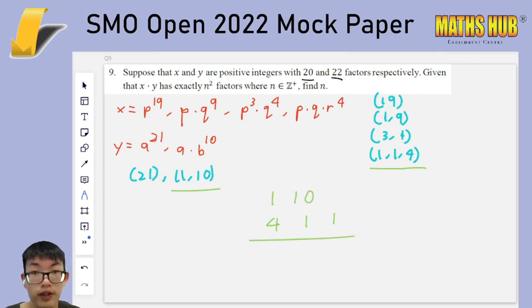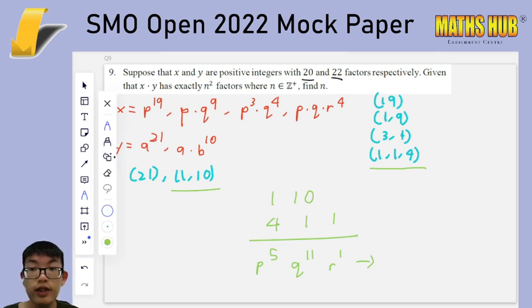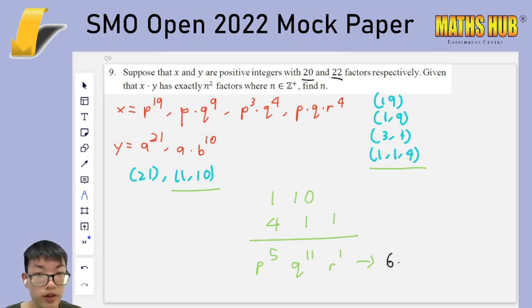So, in other words, the power 4 would combine with the power 1, and the power 1 combines with the power 10. So you would get something like p to the 5, q to the 11, and r to the 1. So the number of factors of this is going to be a square number: 6 times 12 times 2. Okay, so it is a square number and n is equal to 12.